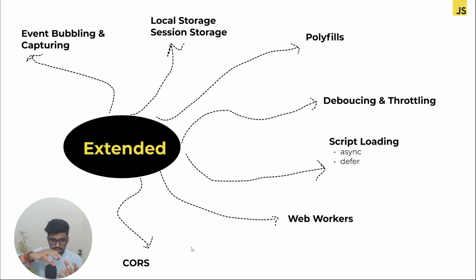You are calling something from example.com to server.com. So this is cross origin. You are not on the same origin anymore. You are crossing the origin and going to the other origin for data, right? You need to understand how this works in the browser and how this is achieved, right?